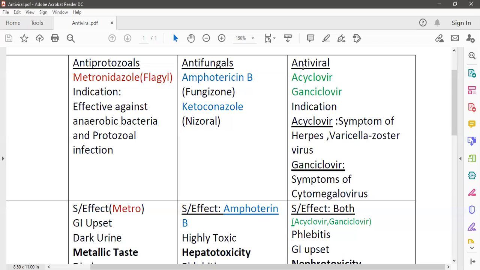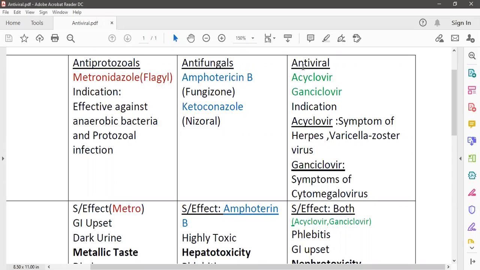There are so many protozoa, like Entamoeba histolytica or Neisseria, right? But here we are going to focus on one of the most important medications we use. It is basically metronidazole, right?